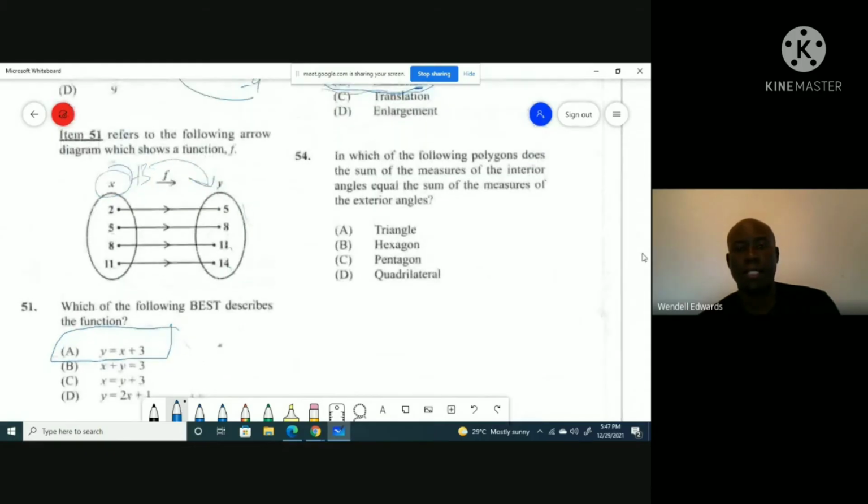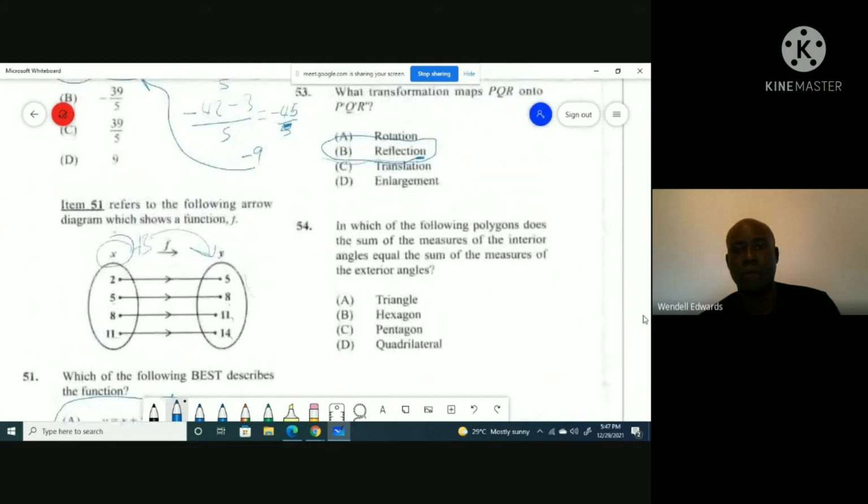All right, let's go to 54. Which of the following polygons has the sum of the measure of the interior angles equal to the sum of the measure of the exterior angles? All right, definitely the exterior angles of every polygon is always like this part. We gotta know that this is always 360 degrees.